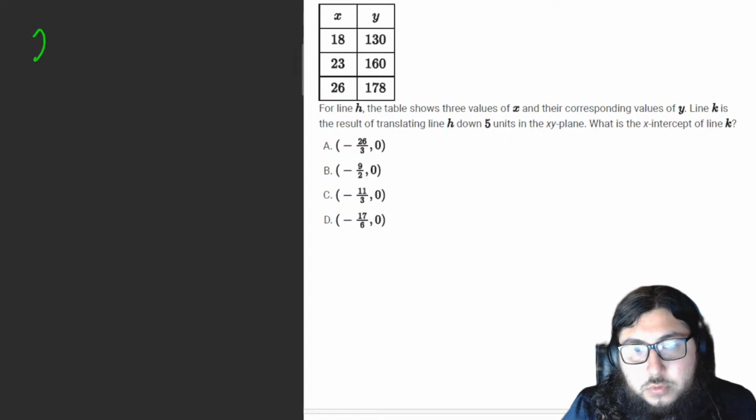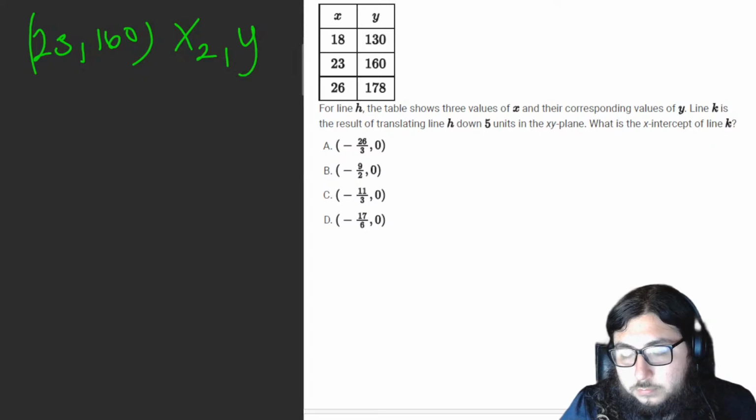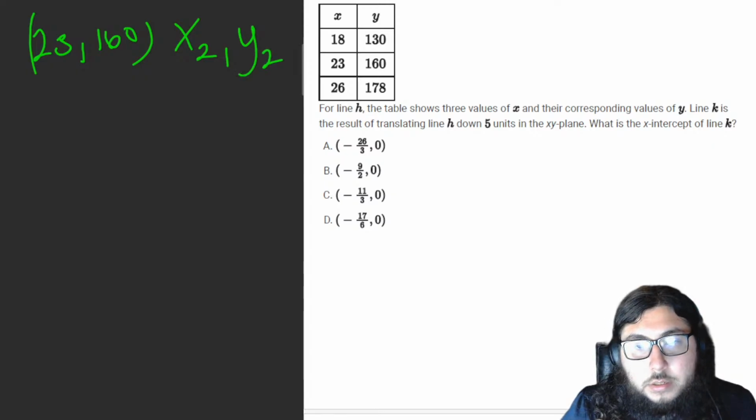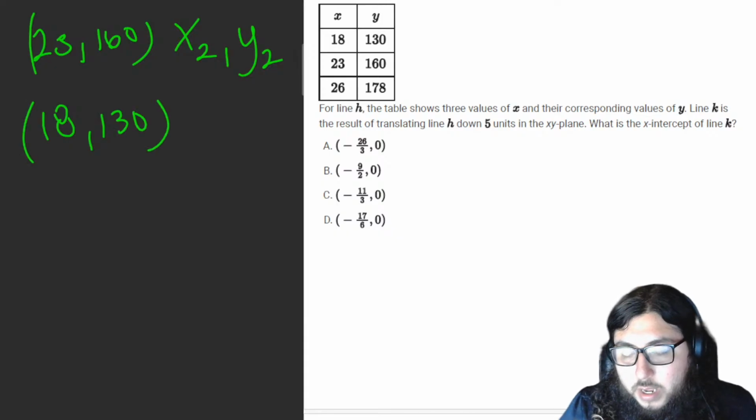So let's just choose 23, 160 to be x2, y2, and 18, 130 to be x1, y1.